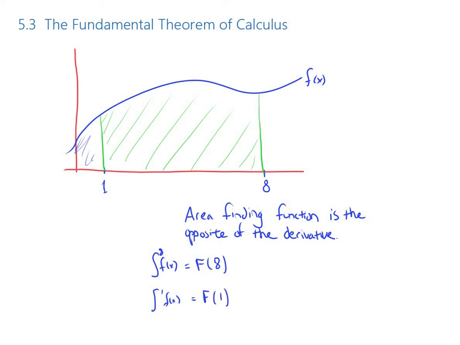So the green area that we're actually trying to find would be the anti-differentiated, the integrated function, evaluated at 8 minus, we want to take away the part that we don't want, minus the anti-differentiated function at 1. So we'll take a look at how this works in the next video.